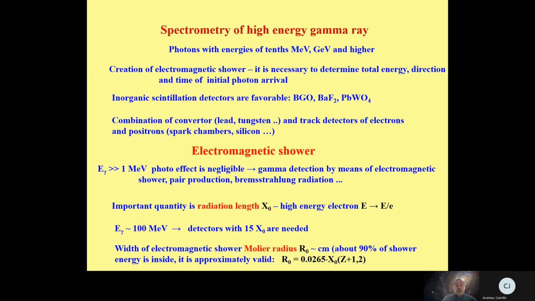That means after this converter, it's possible to put some track detectors of electrons and positrons. It can be spark chambers, silicon, or some gas detectors, and it is possible to obtain the track of this electron and positron, and from this track and also its energy, it's possible to obtain information about this gamma.